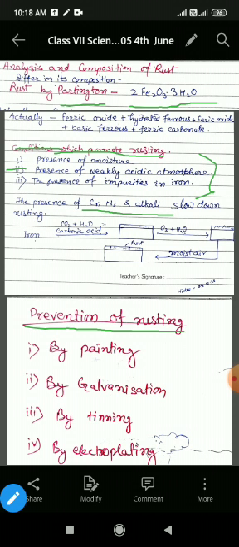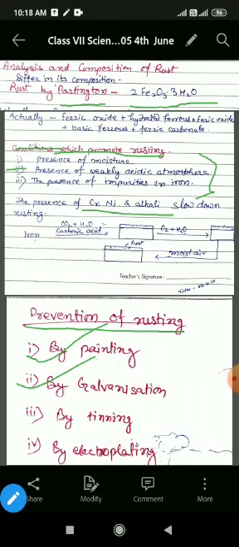Second is galvanization. Galvanization is a process of depositing a layer of zinc over the surface of metal. So by galvanization also we can prevent rusting.